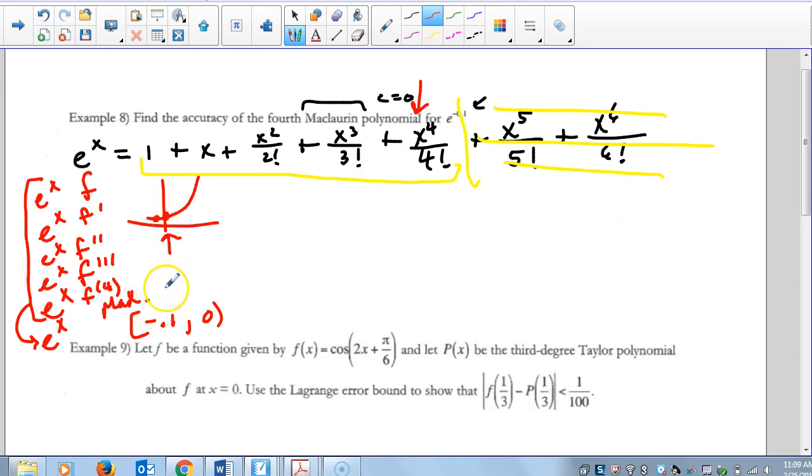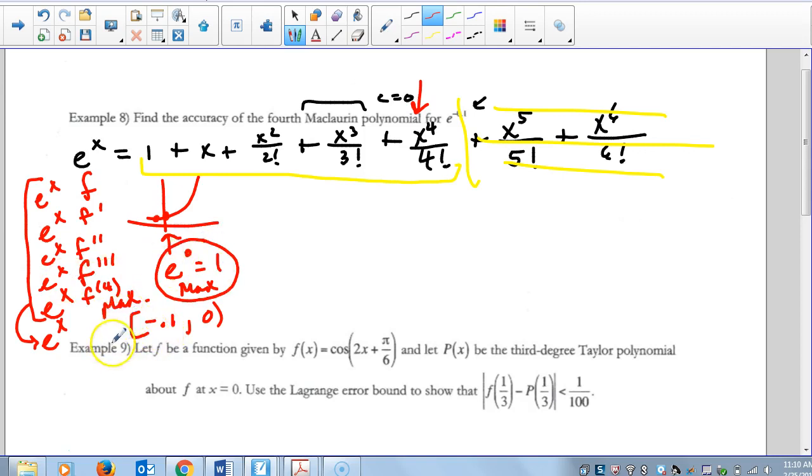It's an increasing function. So I can either bust out e to the negative 0.1, but that's what I'm trying to find. So I'm going to just use the endpoint, e to the 0, which we all know is 1. That's my maximum. Now, if it were an e, I'd have to plug this in.